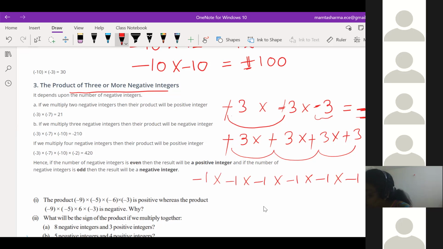If I multiply -1 nine times, the sign would be negative, because 9 is an odd number. If negative signs are coming an odd number of times, the resultant sign would be negative. If negative numbers are coming an even number of times, then the resultant sign will be positive.